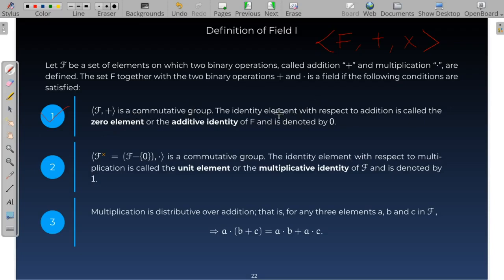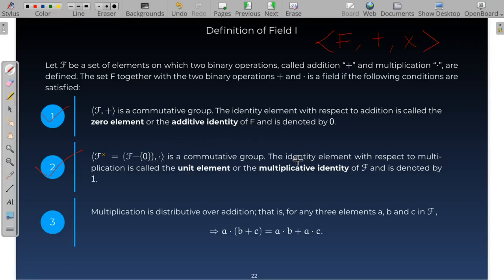Now the identity element with respect to addition is called additive identity and is denoted by 0. It is also called a 0 element. Second condition is that non-zero elements of this set F form a commutative group with respect to multiplication.